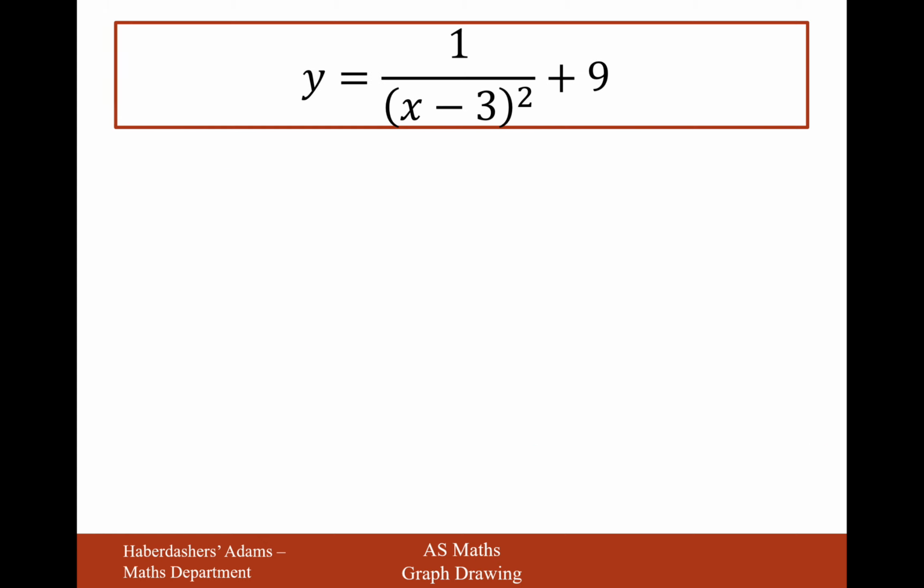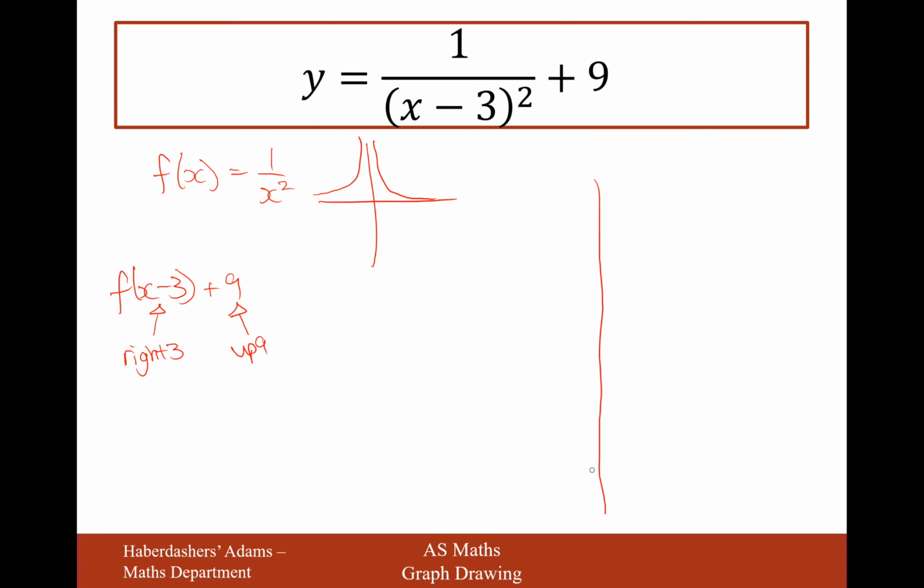So this time the parent function is going to be 1 over x squared. Now remember, this graph has a shape of the similar thing to the 1 over x graph on the top right, but then it's going to be on the top left as well. So what are the transformations here going to be? Well, it'll be -3 right next to the x inside the bracket, and then +9 outside the bracket. So that will move right by 3 and up by 9.